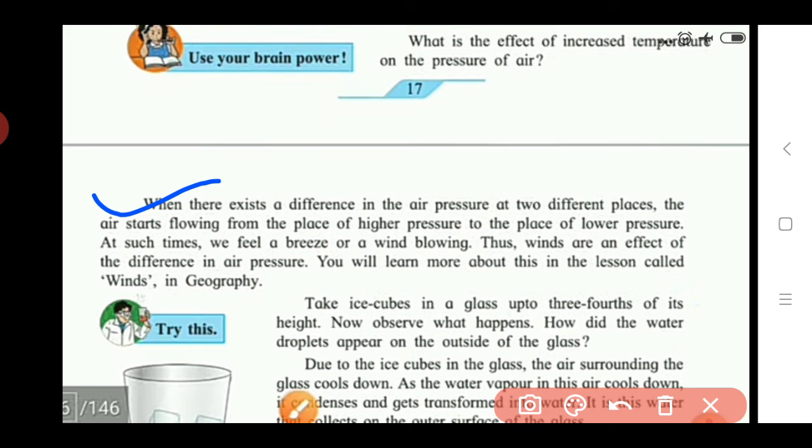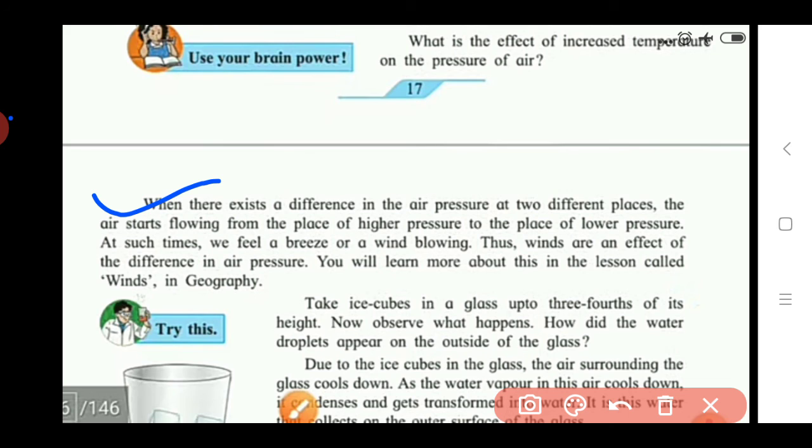At such times we feel a breeze or wind blowing. Thus winds are an effect of the difference in air pressure. You also study this in the topic winds in the subject geography, where you will learn more about how winds blow due to this difference in air pressure at different places.